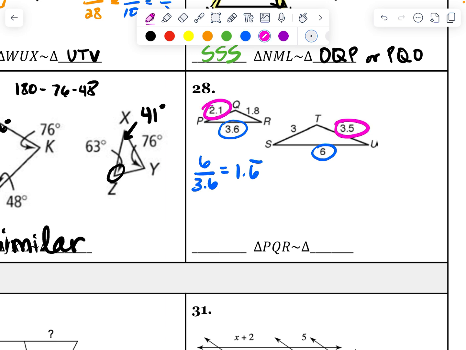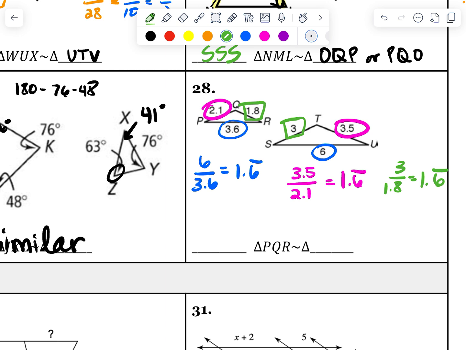This has also been reflected. 3.5 over 2.1 is 1.6 repeating. So far, so good. 3 over 1.8 is 1.6 repeating.